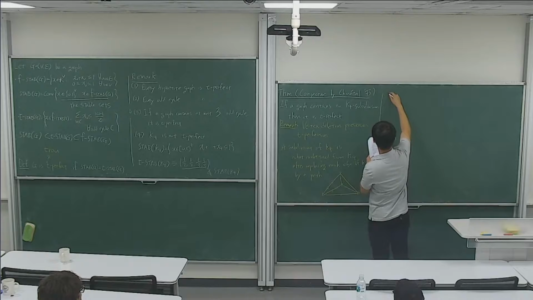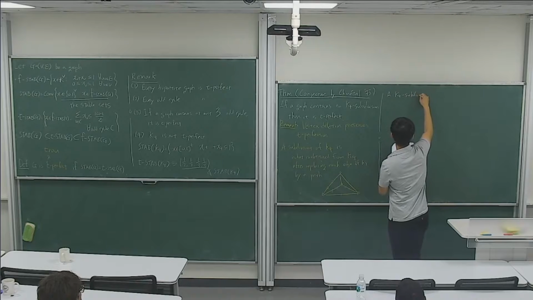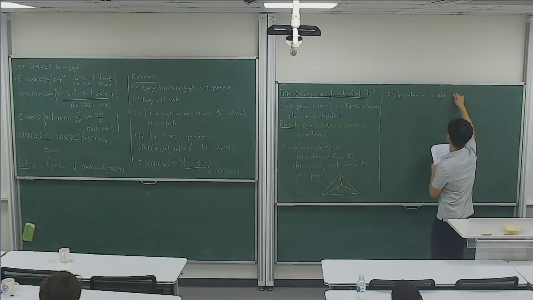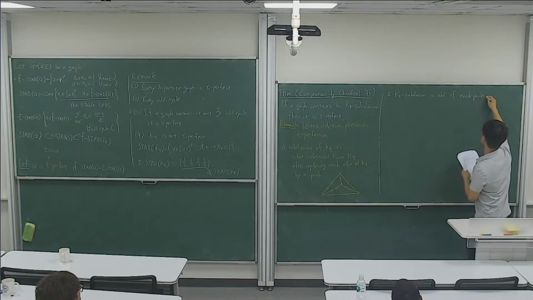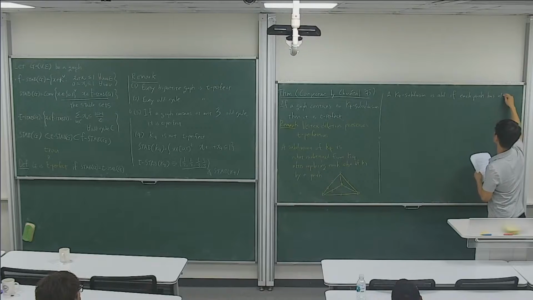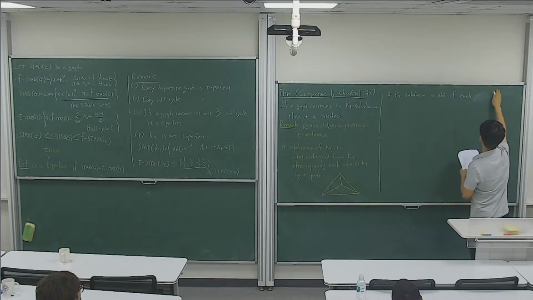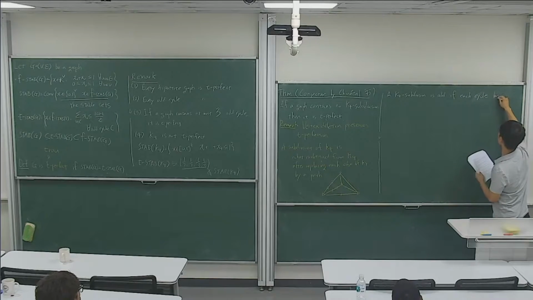A K4 subdivision is odd if each cycle has odd length.